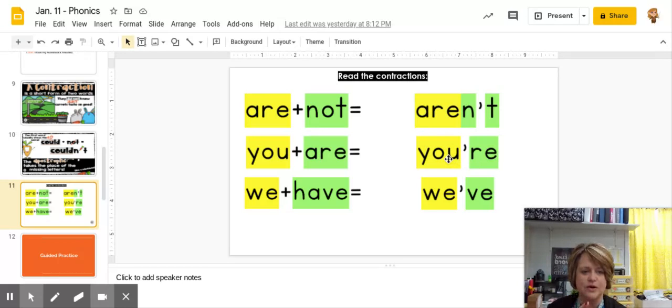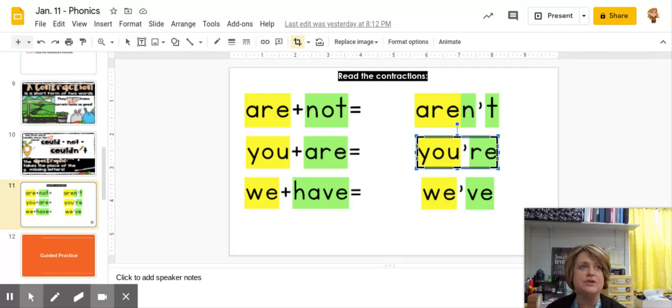That is your book. This is you're going with me. So it's like you are going with me, but instead of saying you are, you would say you're going with me. Now this one drops the first two letters. It drops the HA and keeps the VE so that it's we've. Instead of we have, we've been assigned new classes.